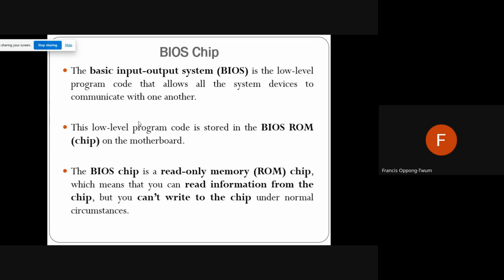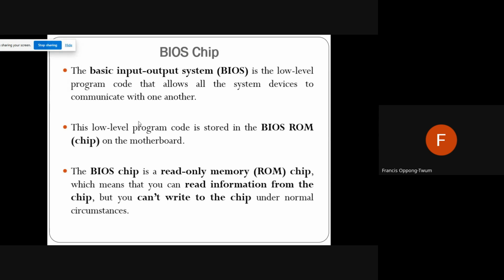That's the BIOS, and the BIOS is what is regarded as the low level program code that allows all the system devices to communicate with one another. So this low level program code is stored in the BIOS ROM or chip on the motherboard.